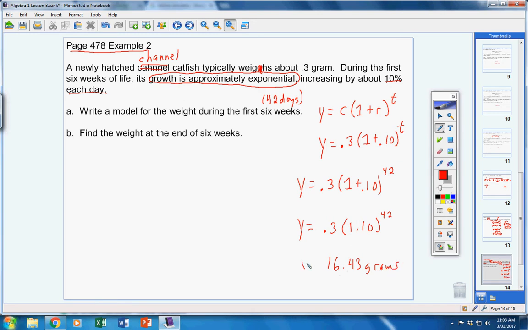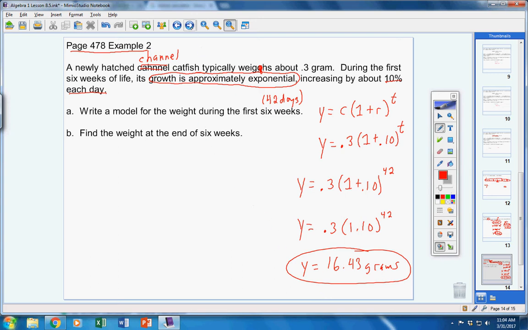As you can tell, it grows pretty quickly. It starts off weighing just 0.3 of a gram, and it ends up weighing 16.43 grams at the end of 6 weeks. Okay? Alright, let's move on, guys.